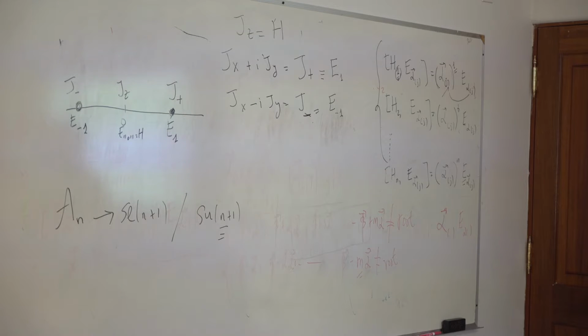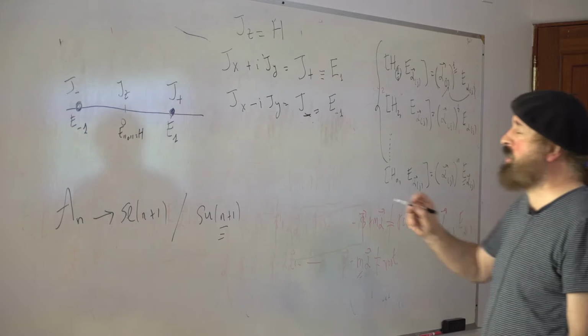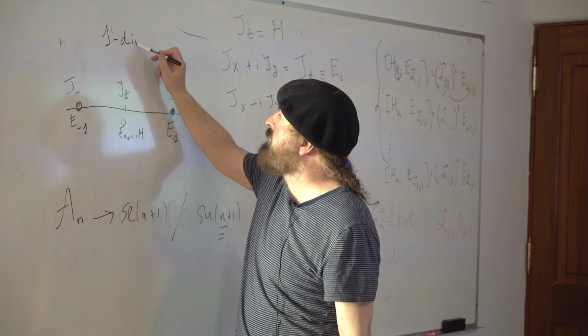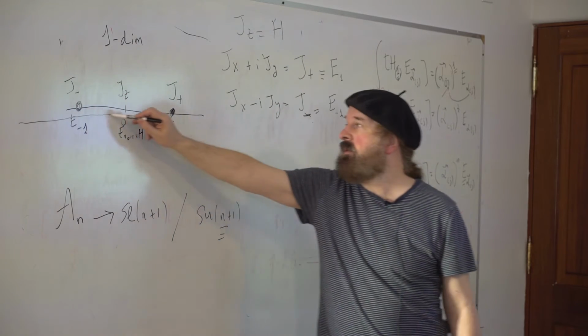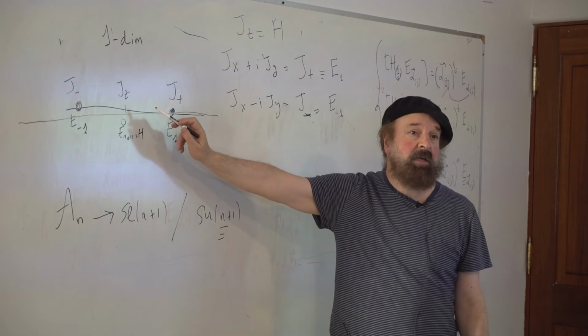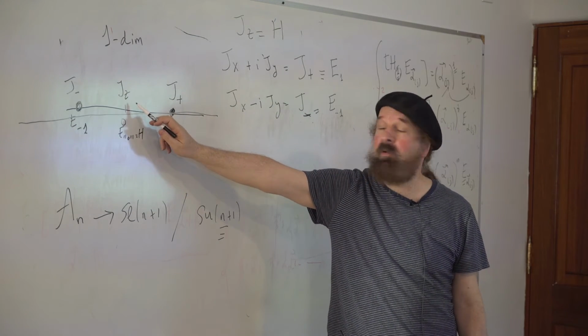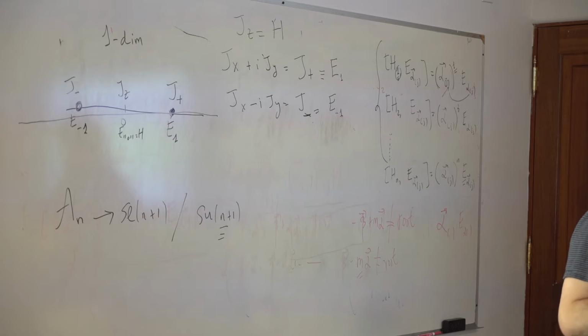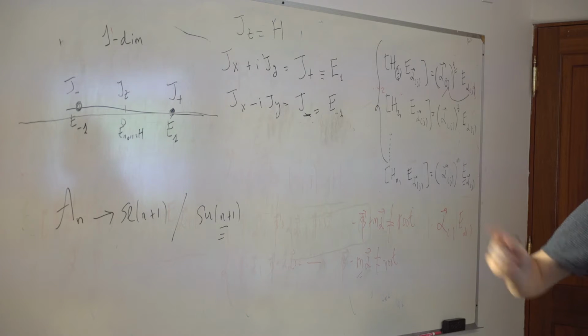If you want, we'll go back to it. But you see the picture. I have a one-dimensional space, which is this line. I have one Cartan generator, which is the Z component of my angular momentum, and I only have two roots, which are J plus and J minus.